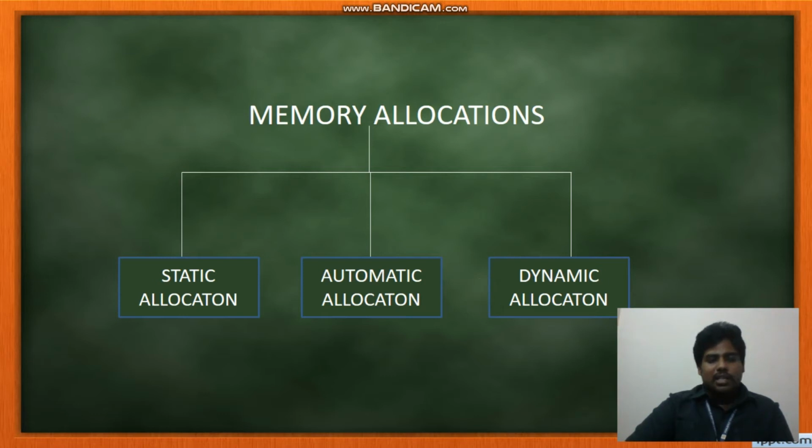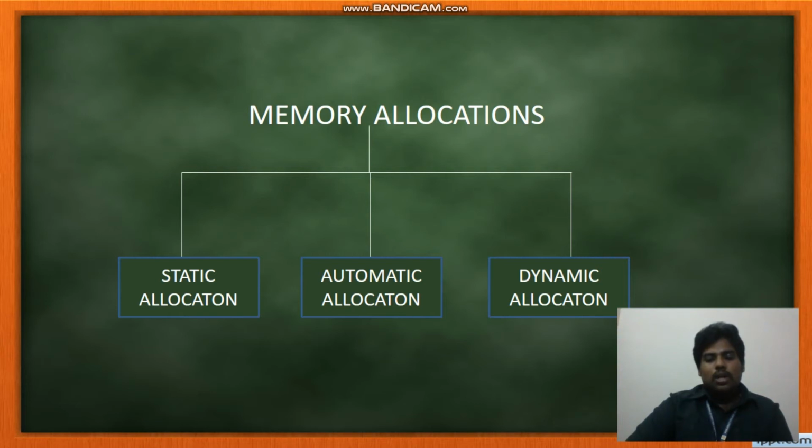While declaring an array, for example int a, in brackets you give size 100, but you use only 10 in the array. So nearly 90 bytes of memory are wasted. Instead of that, we can go for dynamic allocation. We can extend the memory as well as reduce the memory size dynamically.